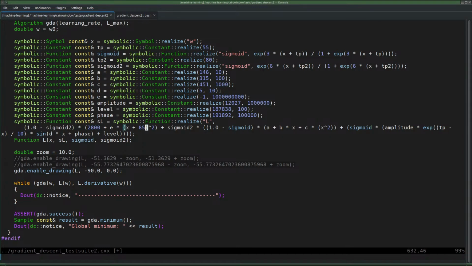I just want to square this, so you have to put parentheses around that square, just like I did here. Okay, that was the reason.